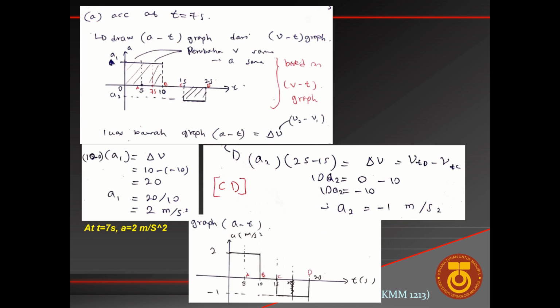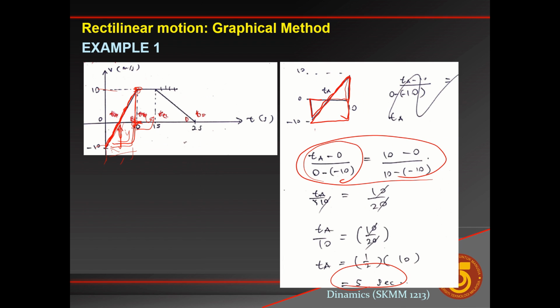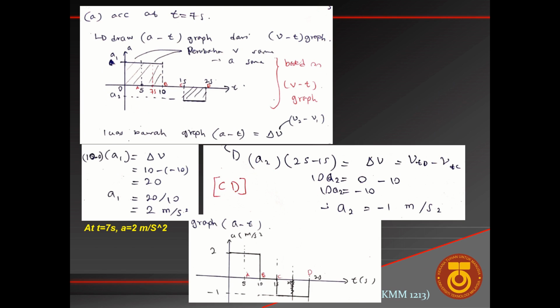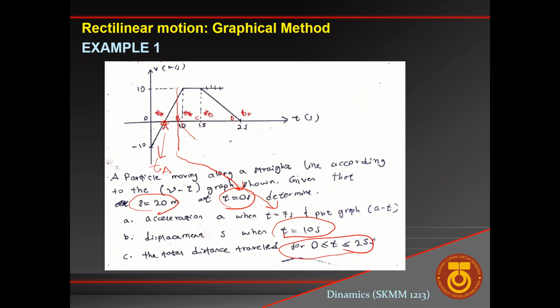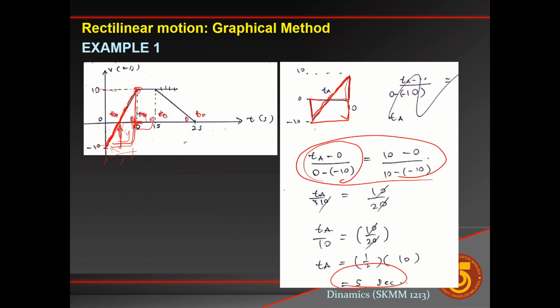Once you have t equal to 5 seconds, you should be able to draw the a-t graph. From here you should directly be able to draw it: this increases steadily as a positive line, so it should be a positive value. This is constant, so a is 0.